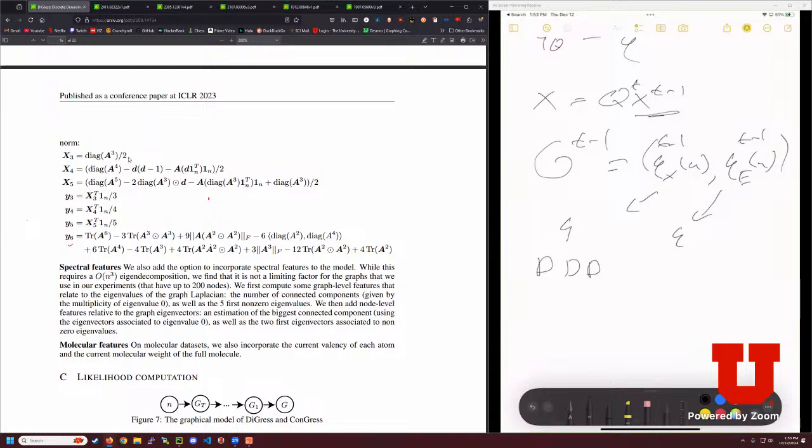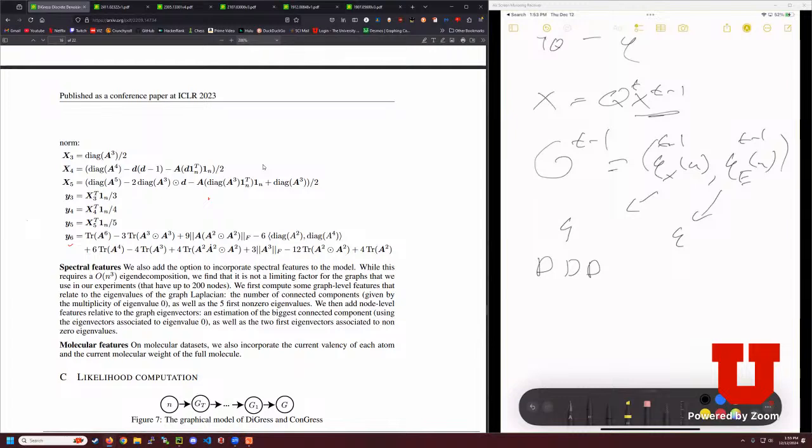The cubic connects all the nodes whose path length is 3. And then they do the diagonal. I think this one is for 4 and this one is for 5.